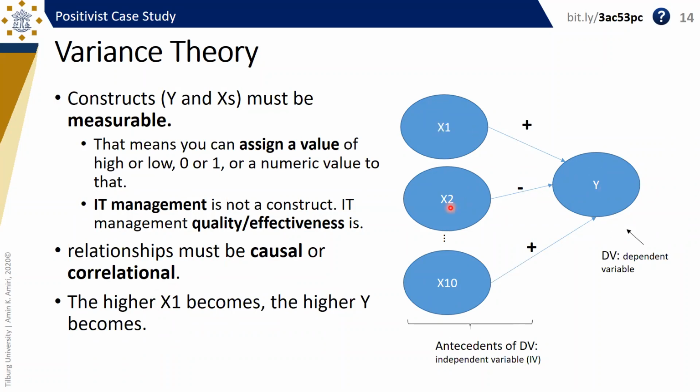If we increase X2, Y will be decreased. So there's a kind of negative or positive correlation between the constructs. This is called a variance theory because we talk about the relationship between the variance of constructs.